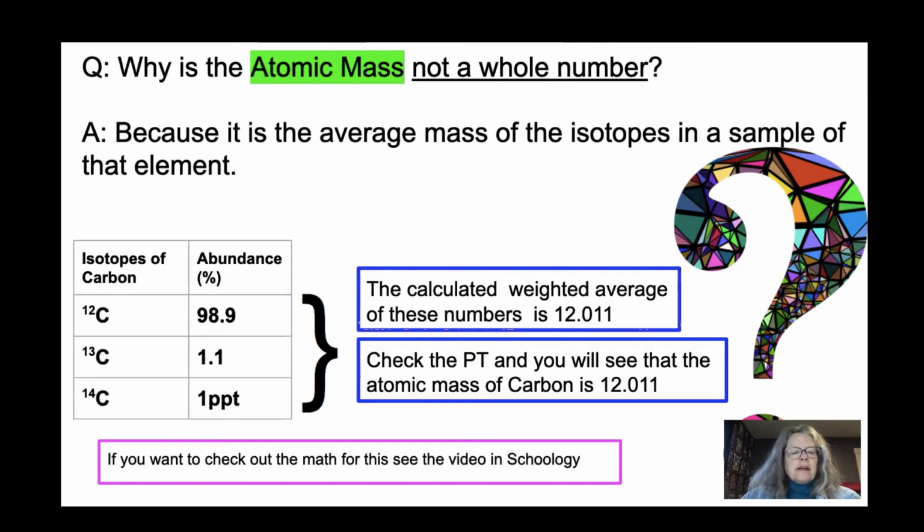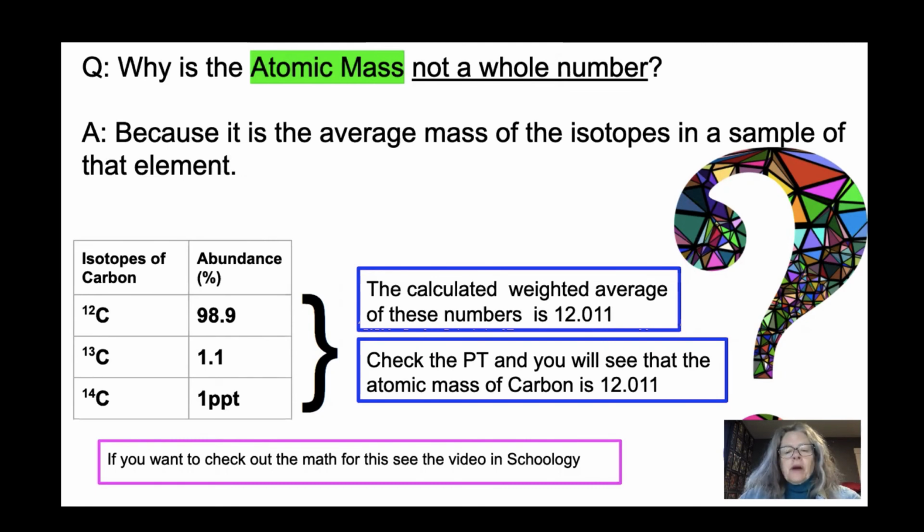Looking at that table, carbon-12, which is the most common, shows up 98.9% of the time. Carbon-13, only about 1.1% of the time. And then carbon-14, PPT means parts per trillion, which means it's very, very rare.